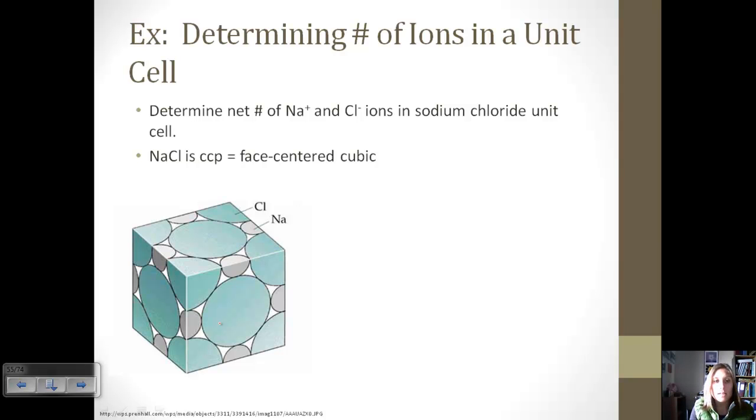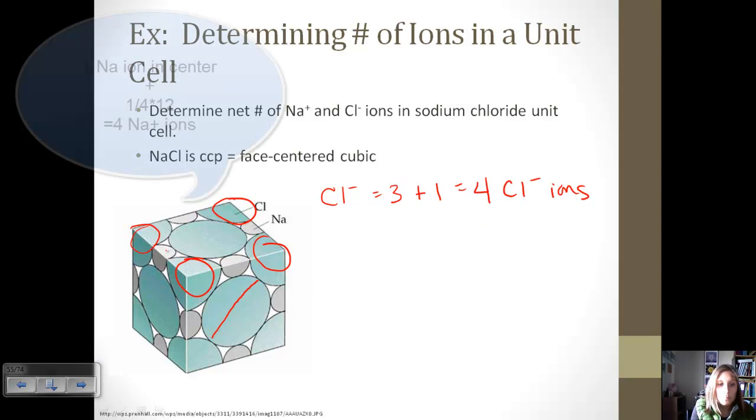So let's take a look at the chlorine first. We know on each face of the cube we have half of an atom. Since there are 1, 2, 3, 4, 5, 6 faces, that's 3 atoms. And then in each corner we have an eighth of an ion. We've got 8 corners, and that makes 1 more, so we have 4 chlorine ions. Now let's look at the sodium.